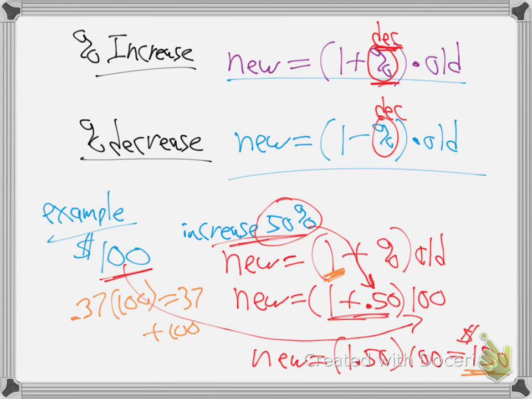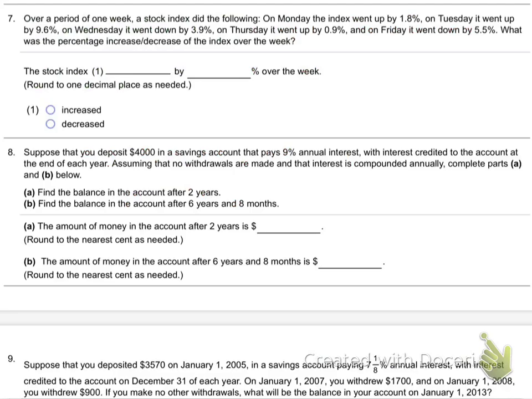All right, so with that in mind, let's go use it. So getting back to this, that was a lot of build up. Let's get back to this question. So over a period of 1 week, a stock index did the following. It went up 1.8%. So let me just write these down. Up 1.8%. And then it went up again 9.6%.